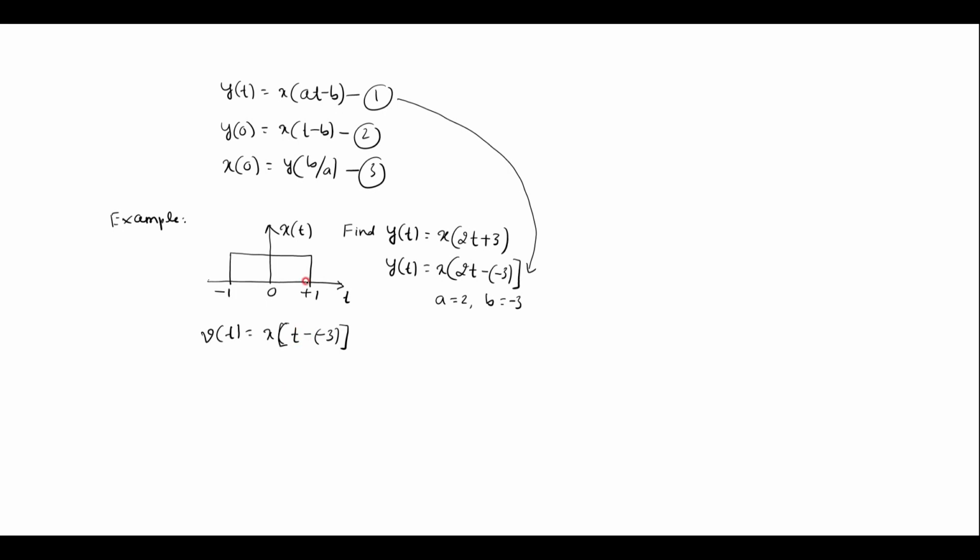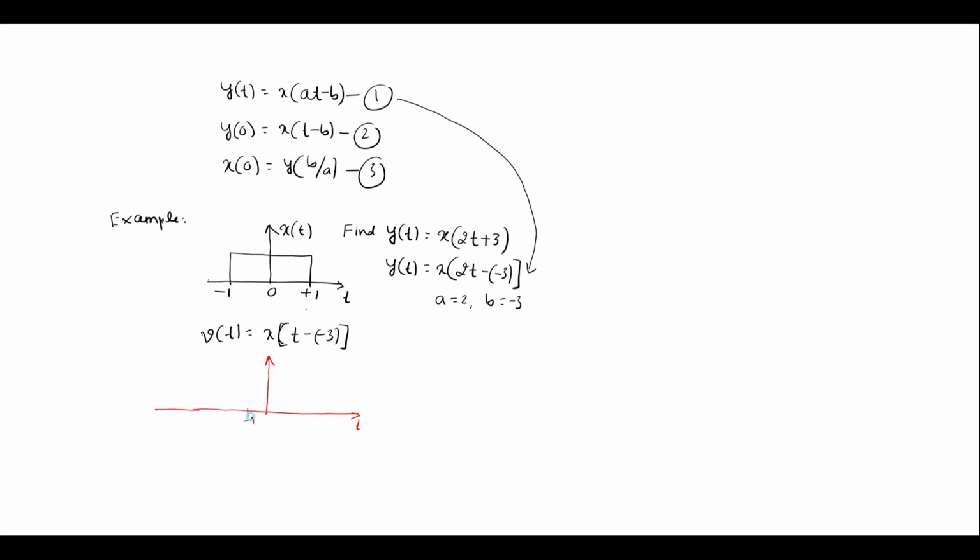Now x of t minus of minus 3, which is nothing but x of t plus 3, is obtained by shifting x of t towards left by 3 units. That is, we add minus 3 to each time point. That is, plus 1 minus 3 gives minus 2. So this point will shift to minus 2.